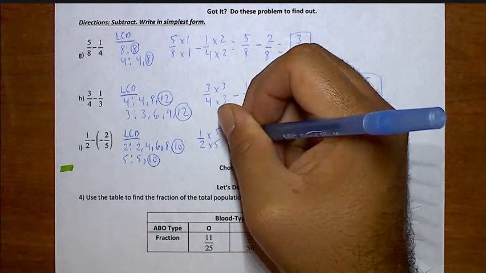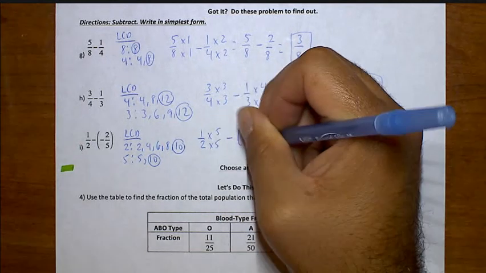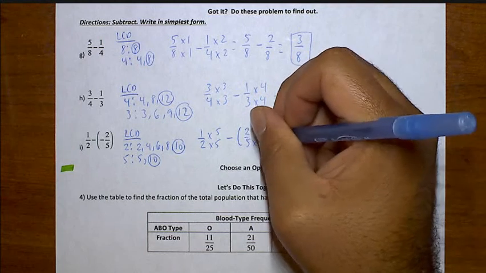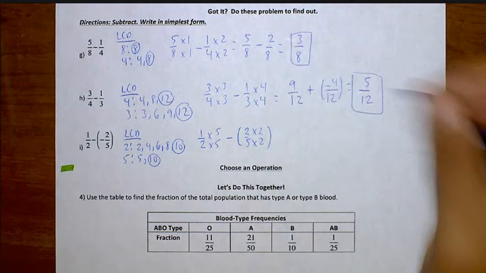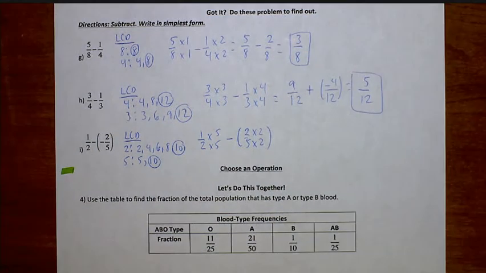Subtraction turns to addition. The opposite of negative 4 is positive 4 over 10. Same denominators, which means I can add the numerators together. 5 plus 4 is 9 over 10, and that's my final answer, 9 over 10.